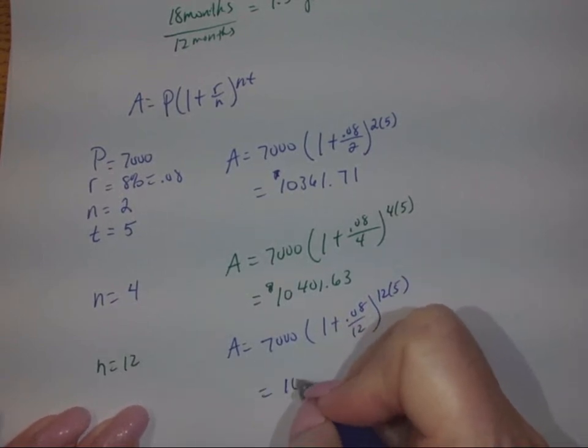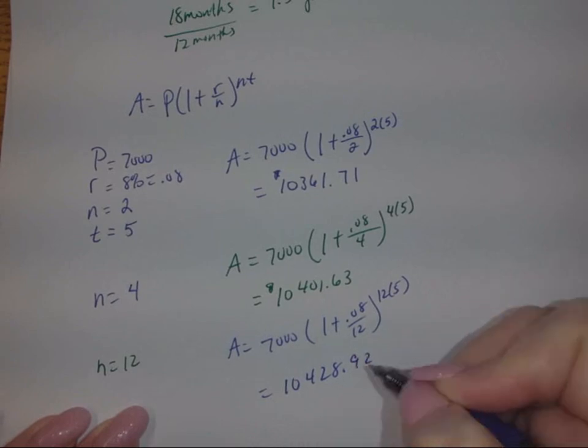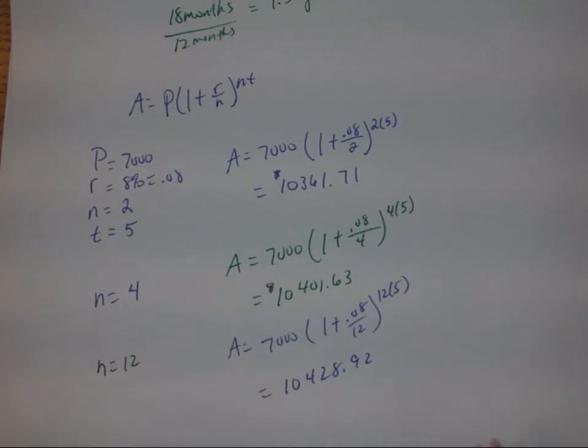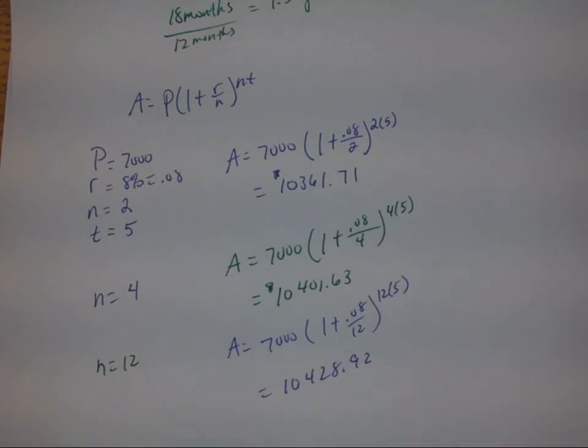And here we should get 10,428.92. It jumped about $27 by changing the compounding periods from 4 to 12.